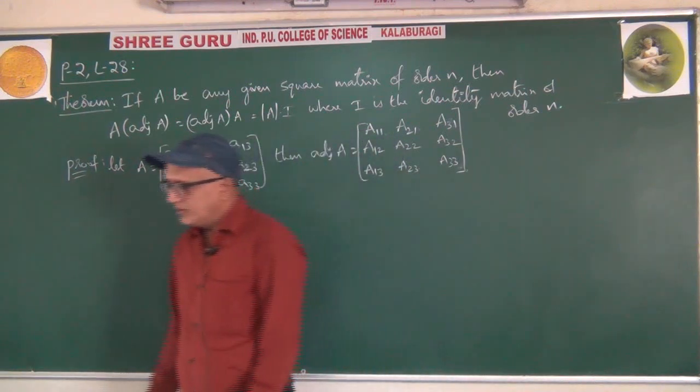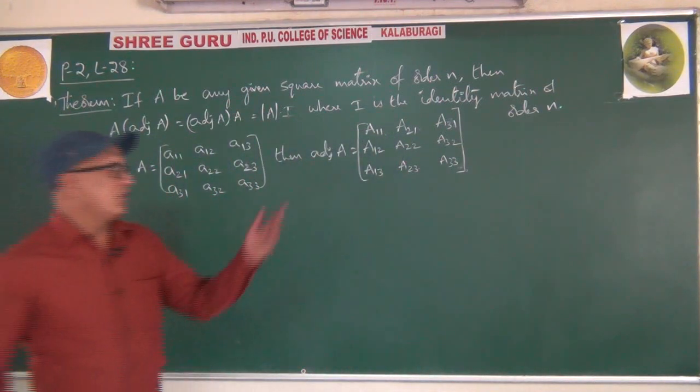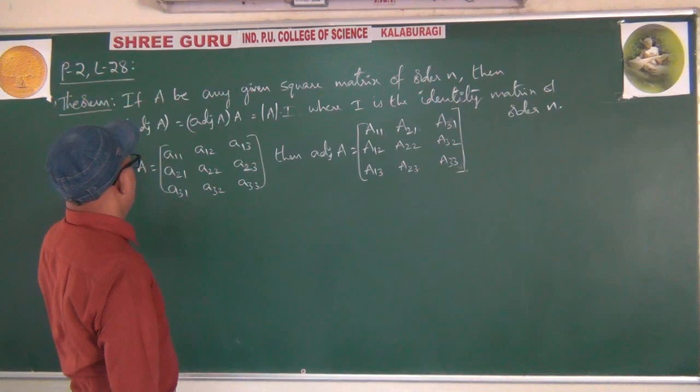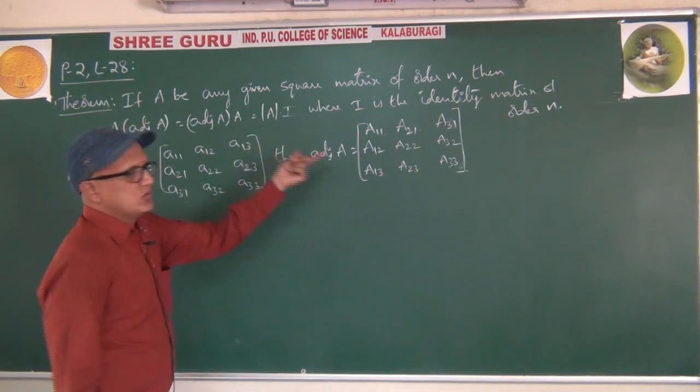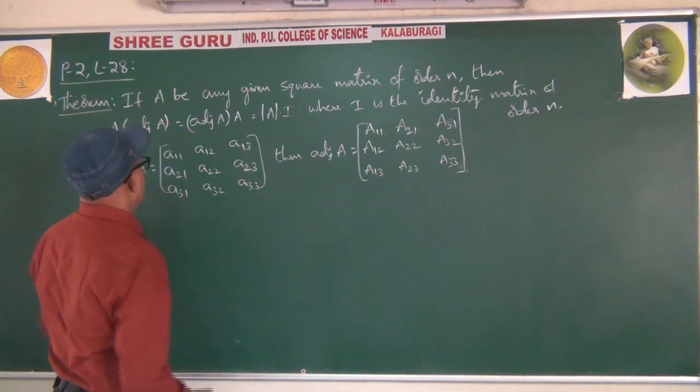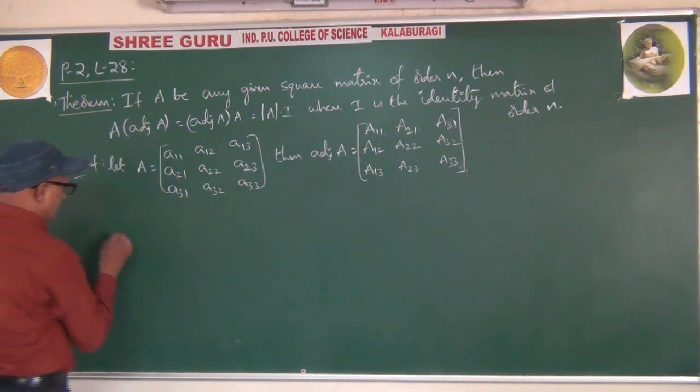Now we have to prove A into adjoint A equals adjoint A into A. I am taking this one, as it is somewhat easier to find; otherwise you can take either.